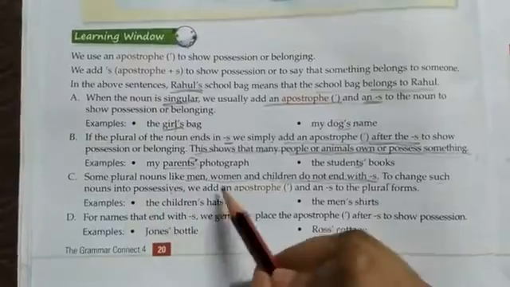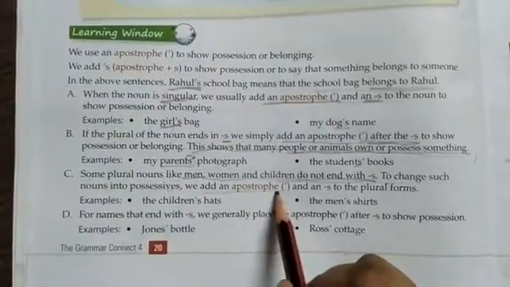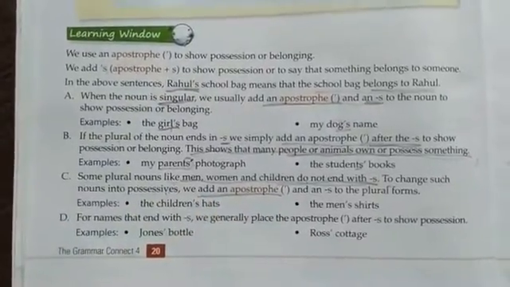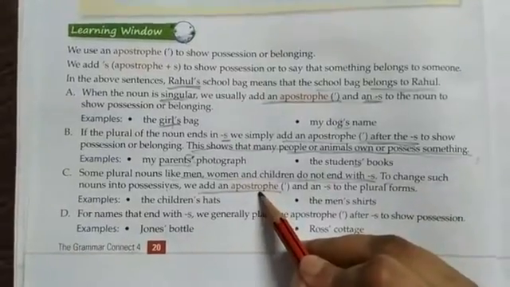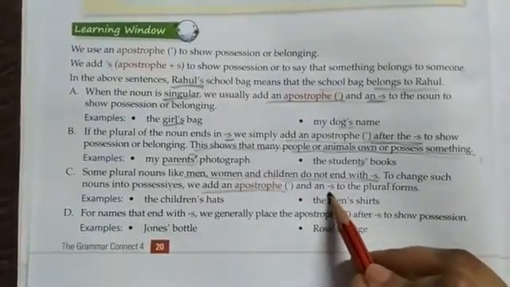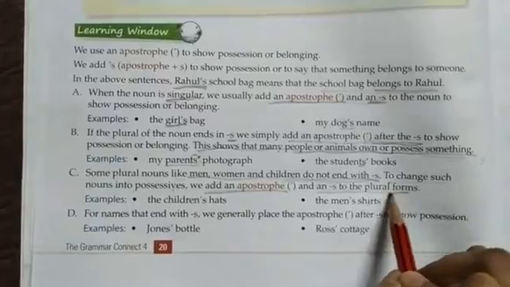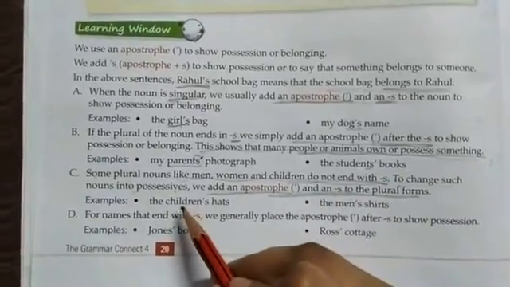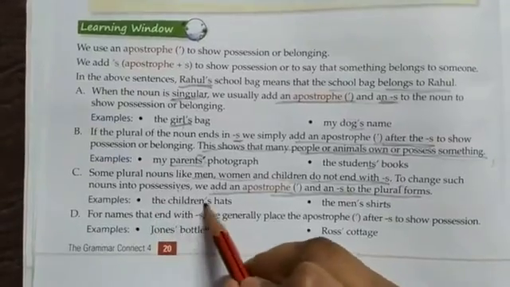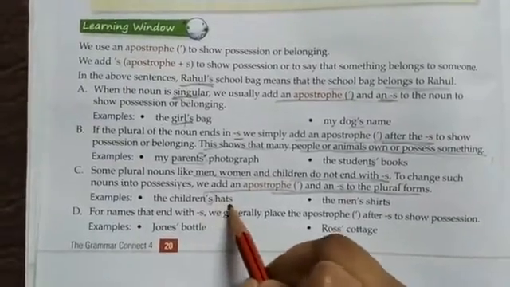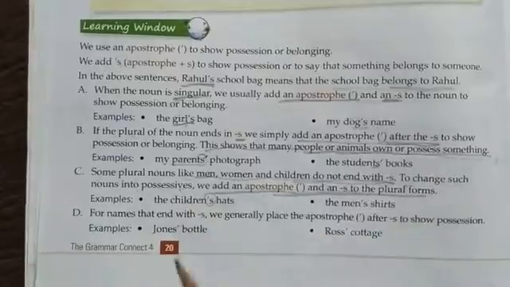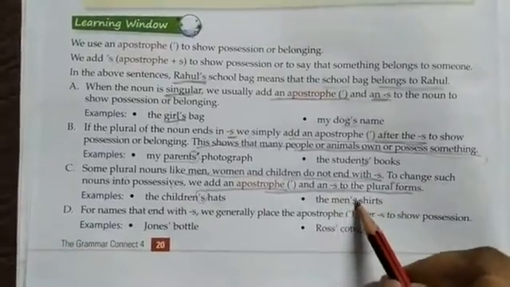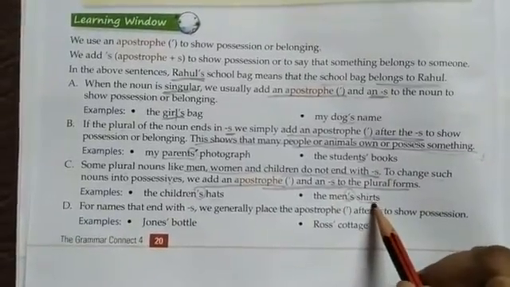To change it into a possessive noun, we add an apostrophe and an S after the plural form. See, the children's hats means that the hats belong to the children. The men's shirts means that the shirts belong to whom?